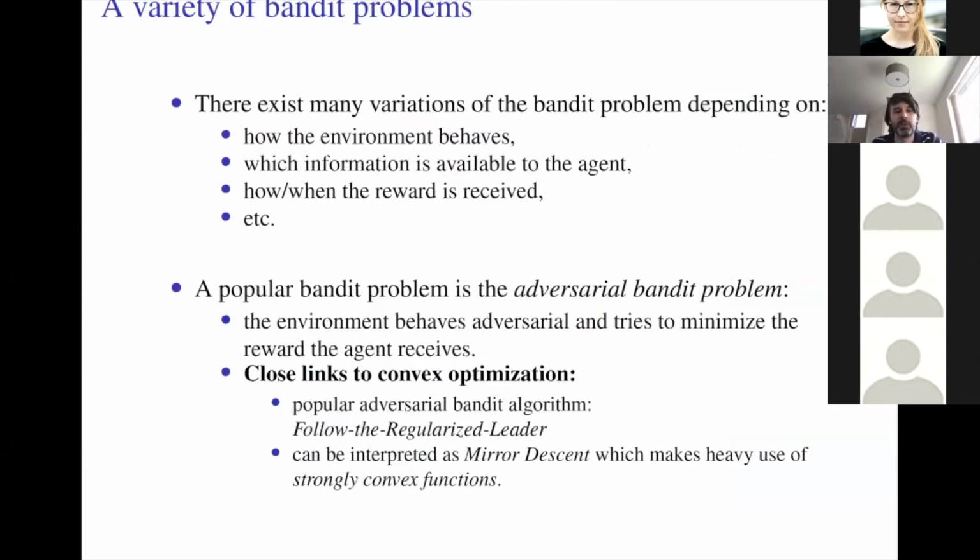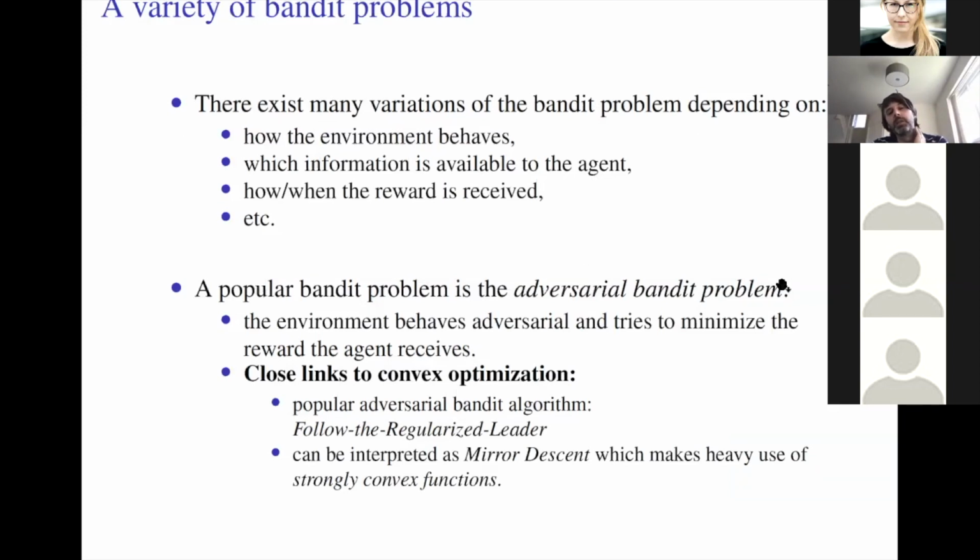Okay, so I just wanted to give a final slide here saying how these things link to convex optimization. First off, I should say there exists a whole slew of bandit problems, depending on how the environment interacts with the user, which information is available to the user or the agent, and how or when the reward is received. If you Google a bit for bandit problems, there are millions of different variations. A particularly popular one is the so-called adversarial bandit problem.